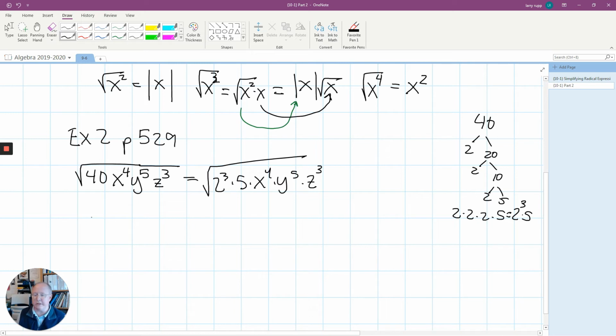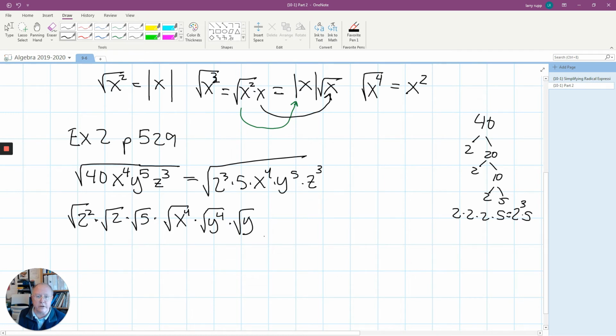Okay, well, now comes the nitty gritty. So we can break this down now into the square root of 2 squared times the square root of 2. That's where the 2 to the 3rd goes. Times the square root of 5. And then breaking this up, times the square root of x to the 4th, which we already know, times the square root of y to the 4th times the square root of y.